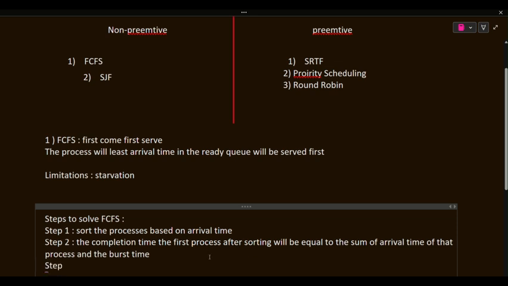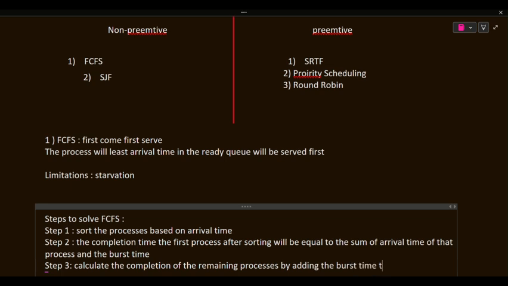Step 3, calculate the completion time of the remaining processes by adding the burst time to the completion time of the previous process.